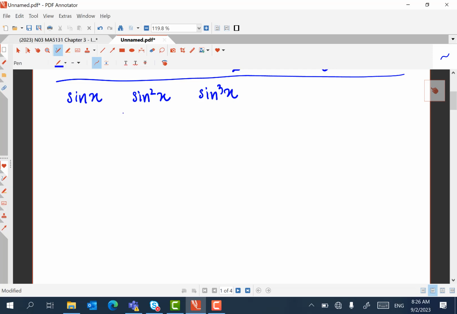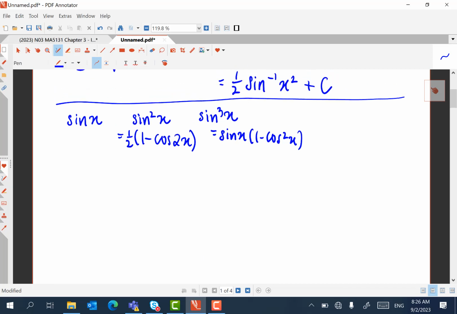For sine square, you need a double angle, no? For sine cube, if you know this, you will need to rewrite it like that. How about to really master integration?